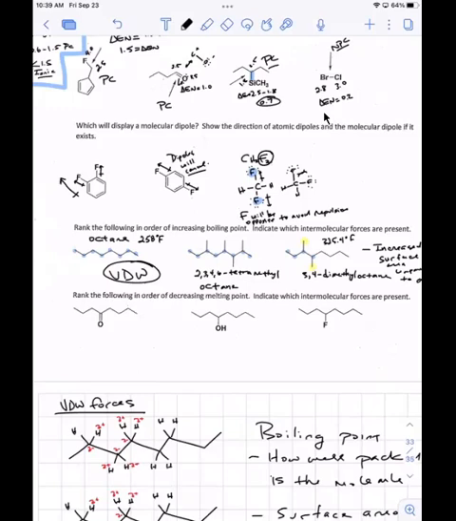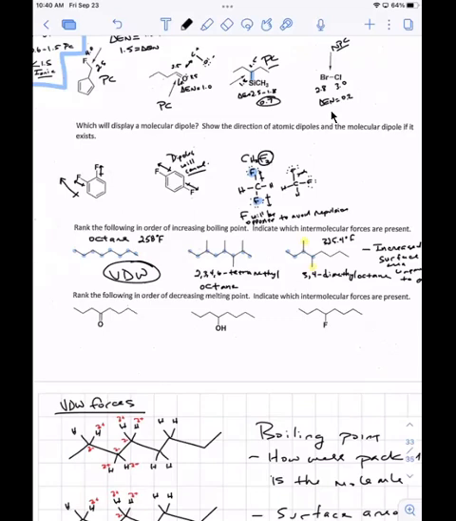Let's try methyl. It doesn't have a boiling point on here.